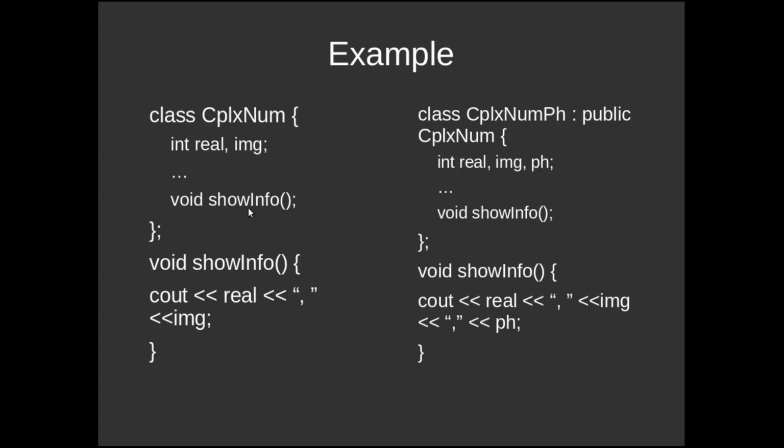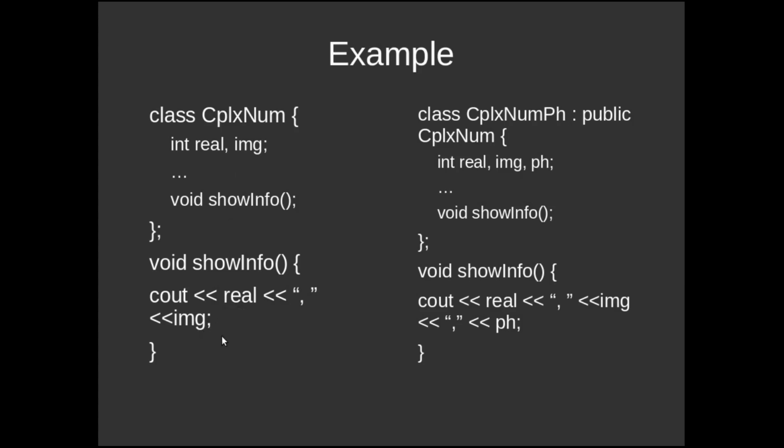And the show info is implemented as follows for the base class, or this cplx num class. This function does nothing but print the real and imaginary values of the member variables of this class.